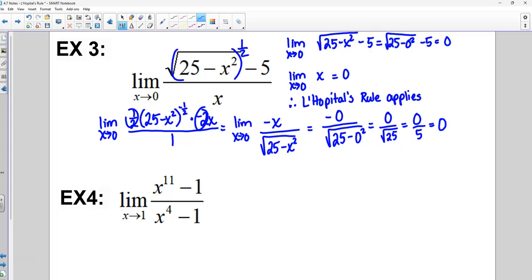Let's go down to 4. Now 4, we really start to get into a scenario where clearly if I plug in 1, I get 0 over 0. I do know how to factor x to the 4th minus 1, because it'd be x squared minus 1 times x squared plus 1, and then you could factor your x squared minus 1 into x minus 1 times x plus 1.